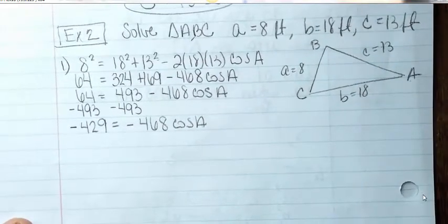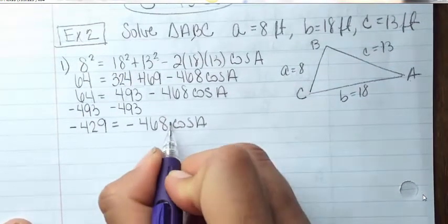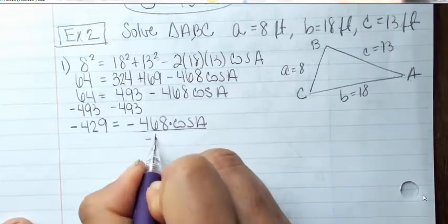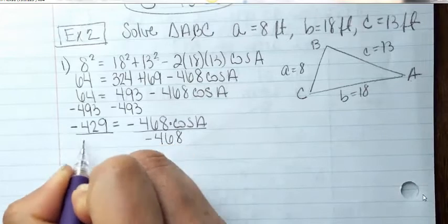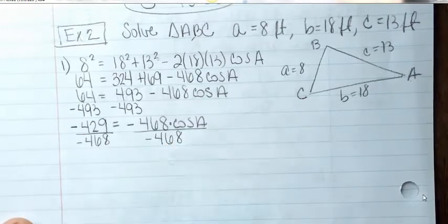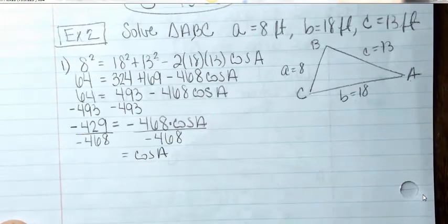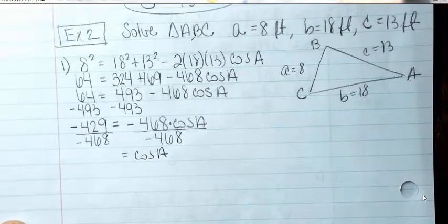Now, how do I get rid of that negative 468? It's being multiplied to cosine of A, so I divide it. All right, so let's see, 429. Should I just leave it like that?